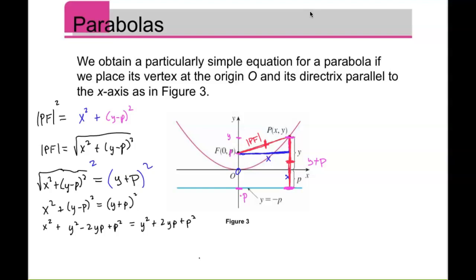All right. A couple things will cancel here. P squared, those are gone. Y squared, those are gone. I can add 2yp to both sides. And I end up with x squared equals 4yp.